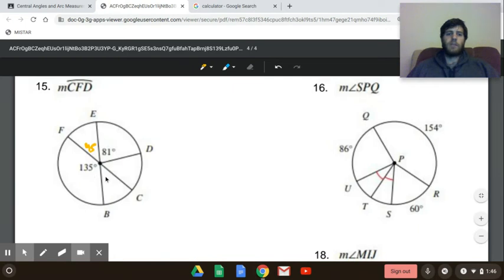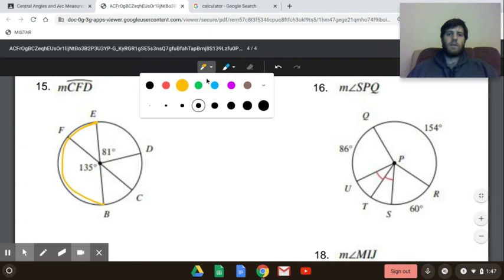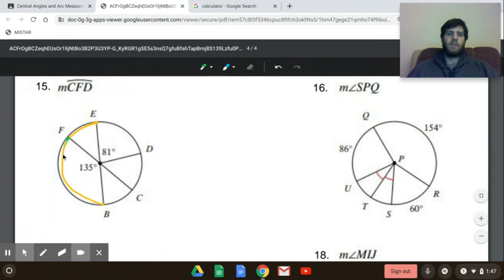Okay. This one then also has to, for the same reason, you have another semicircle, right? Here's one semicircle. Right, that adds up to 180, but then again, you have this semicircle, which also adds up to 180.